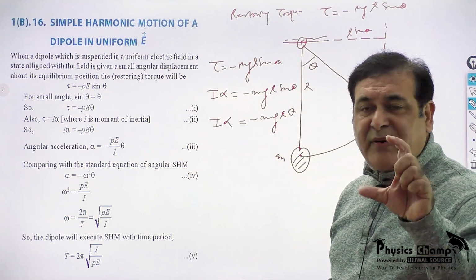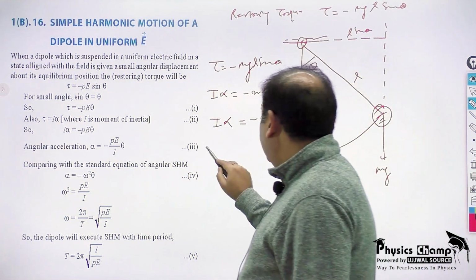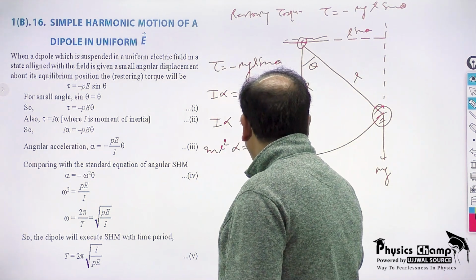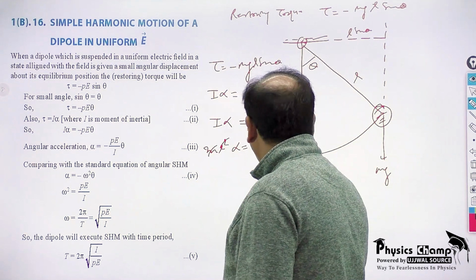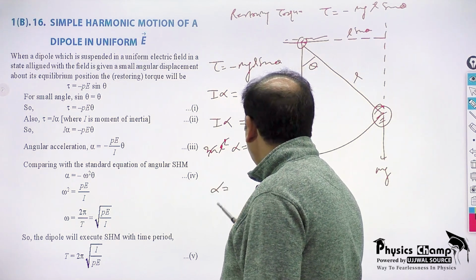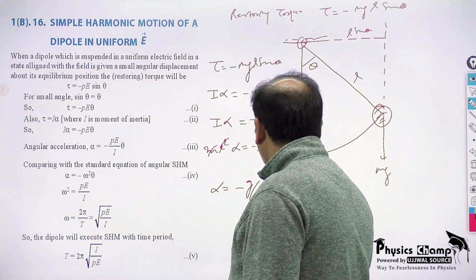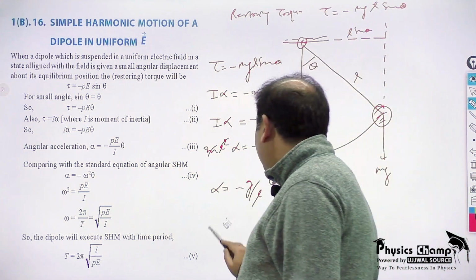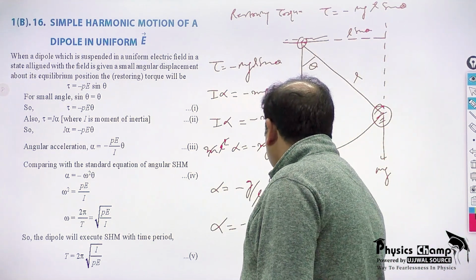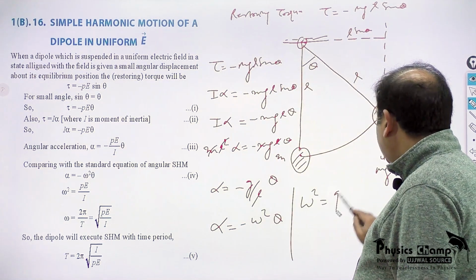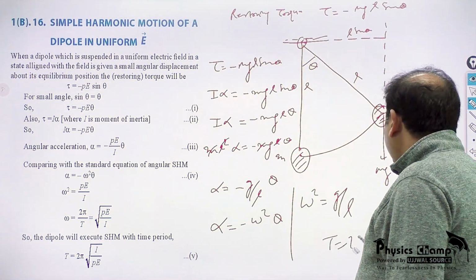And moment of inertia I is m L square, so m L square into alpha is equal to minus mg L theta. So alpha is minus g by L into theta. And the standard equation of angular acceleration in simple harmonic motion is minus omega square theta. So when you compare, omega square is g by L and time period is 2 pi root L by g.